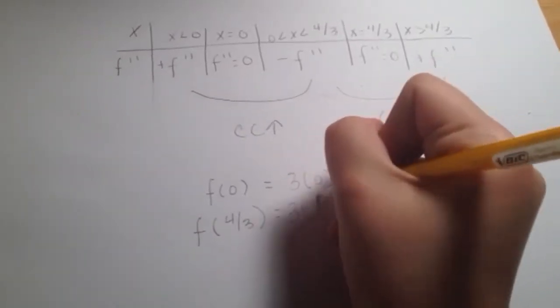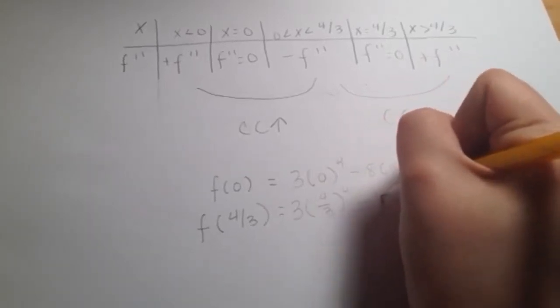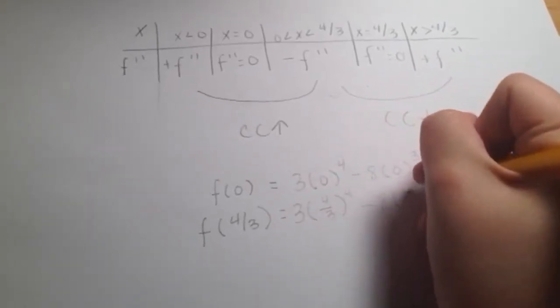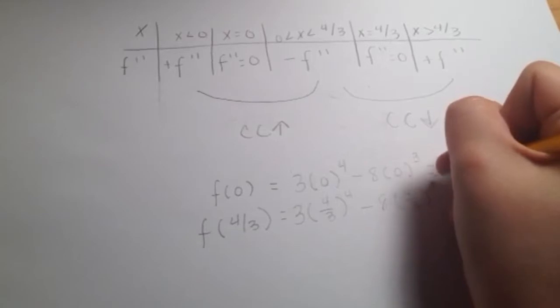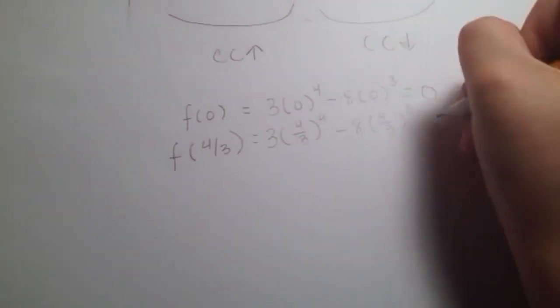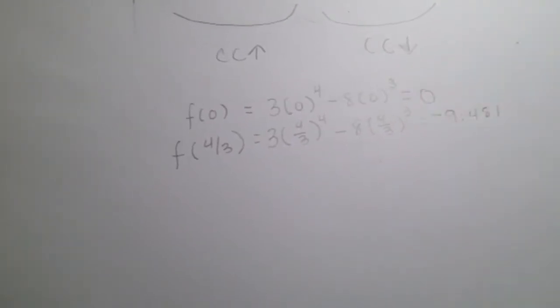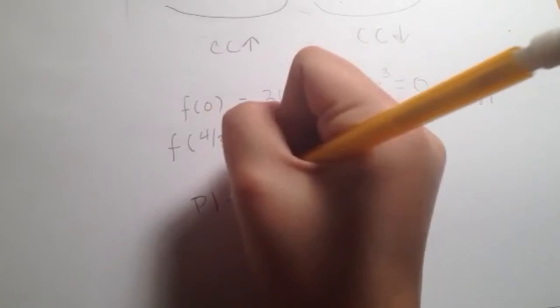Now we have 3 times 4/3 to the 4th minus 8 times 4/3 to the 3rd. When you plug those numbers into the calculator, you're left with negative 9.481.